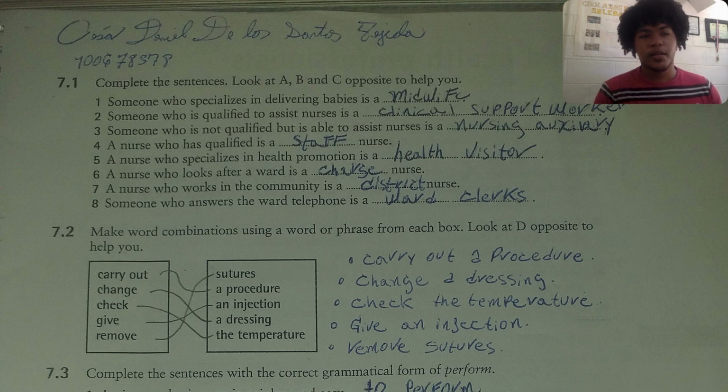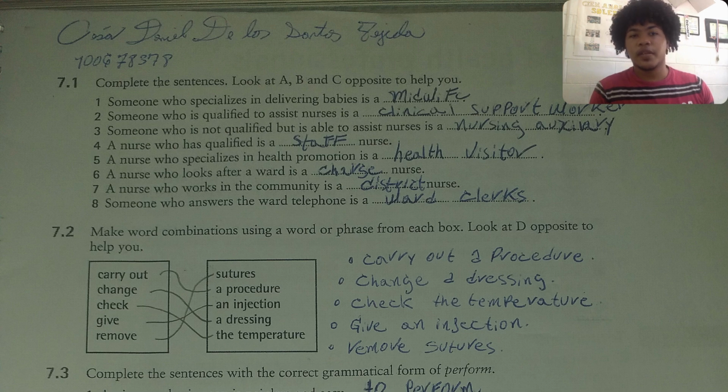Number 6, a nurse who looks after a ward is a charge nurse. Number 7, a nurse who works in the community is a district nurse. Number 8, someone who answers the ward telephone is a ward clerk.